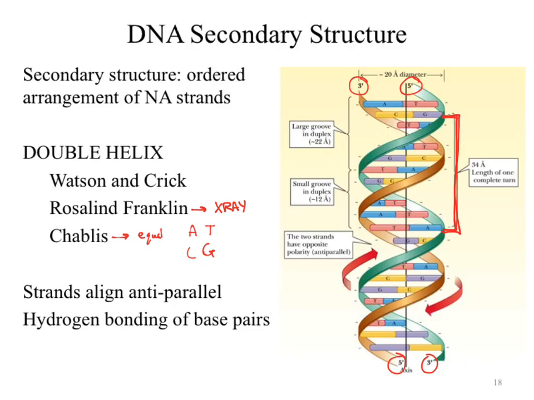We can look at the minor groove and the major groove. When you take a look at this, you'll notice that the distance between our green and yellow pairing there versus our distance over here is substantially different. So we end up with a minor groove and a major groove, the minor groove being the smaller of the two, hence minor, and our major groove being the bigger one.